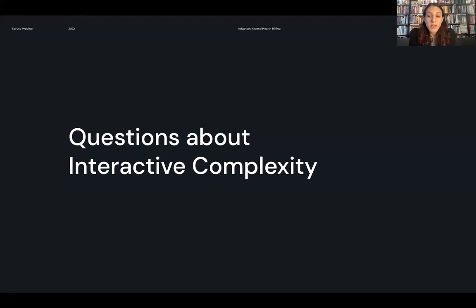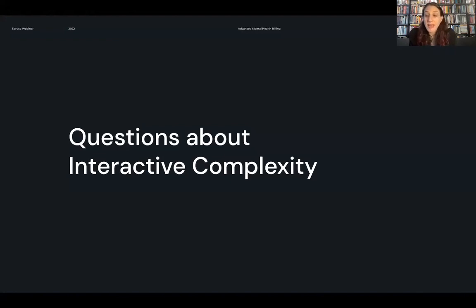You can think of interactive complexity like this: if you really look at the words and think about what that means, interactive is you interacting with your client and others. And complexity means your interaction was more complex than would normally be expected in a therapy session.